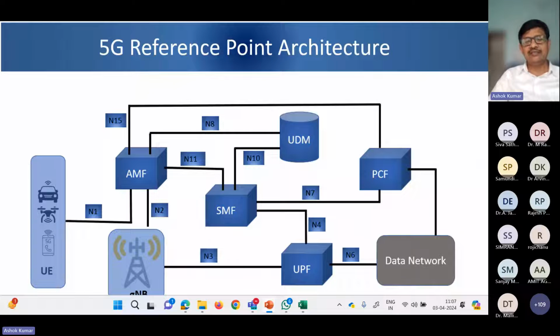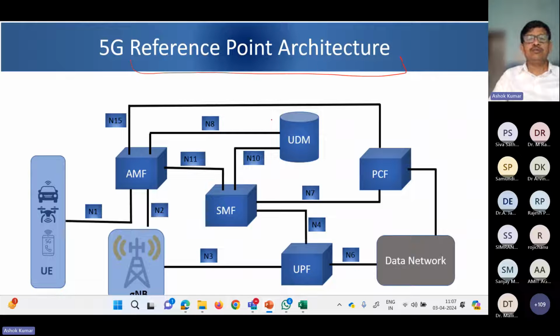So 5G has got 2 types of architecture. One is called reference point architecture and the other is called service-based architecture. When we say reference point architecture, these are given in the 3GPP specification documents.